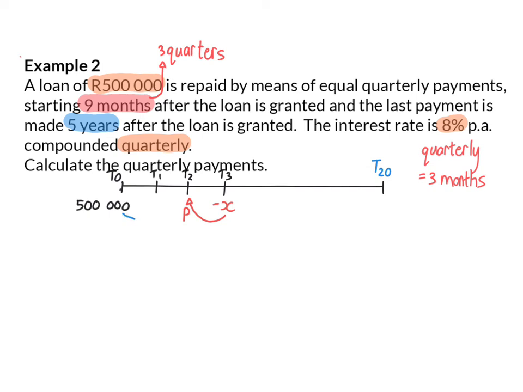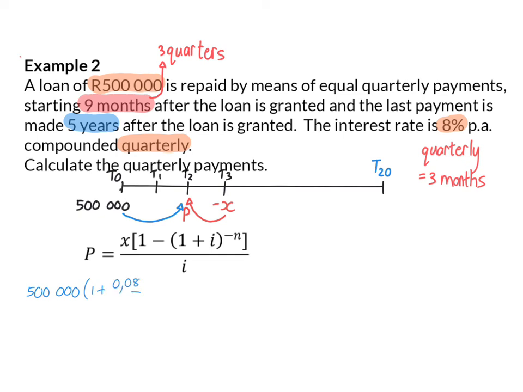During the first 2 quarters, however, there will be interest added to that original 500,000 Rand. So when we now go and substitute into our present value formula, you need to realize that the present value is not only the 500,000 Rand anymore, but also the interest of 8% compounded quarterly for the first 2 quarters. And that will form our present value in the formula.